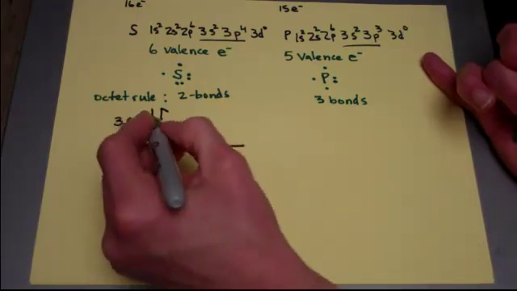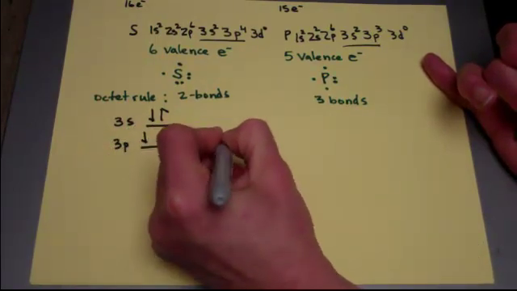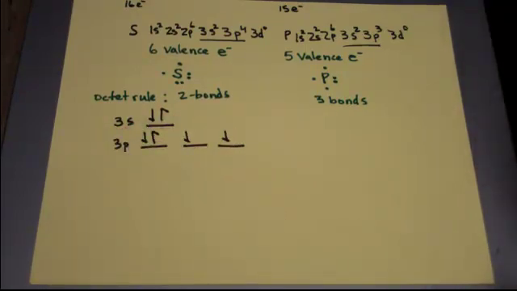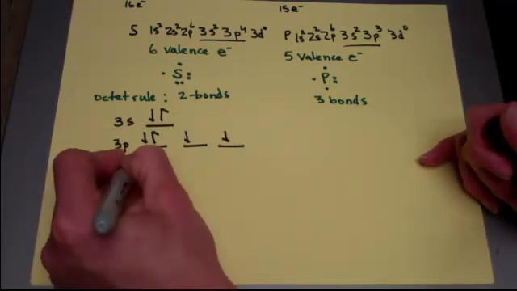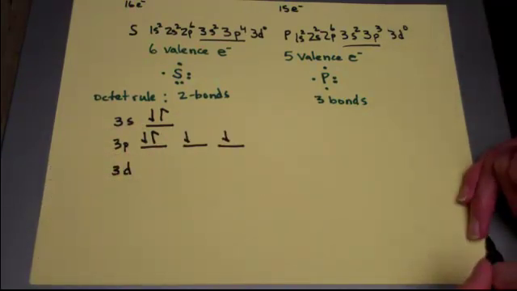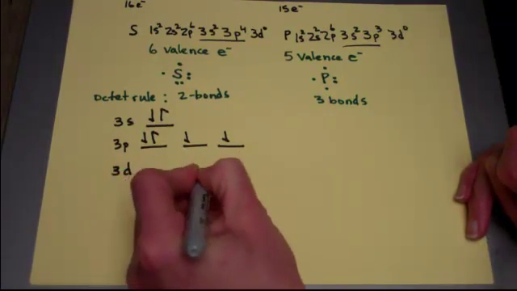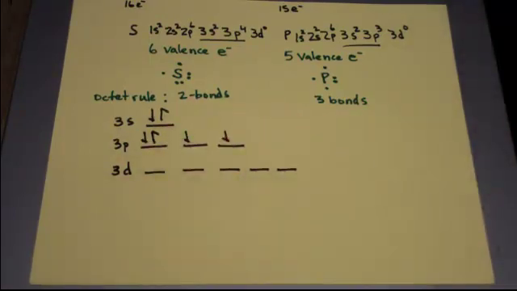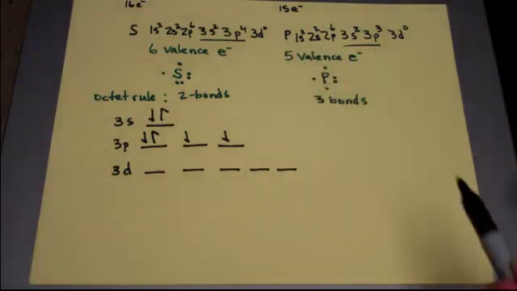They're going to be separate until they have to start pairing, so we've got 1, 2, 3 electrons, and the 4th electron has to pair right there. Now, the d orbitals are present. How many d orbitals are there? Hopefully you said 5. Normally they sit empty. That would be the outer shell for sulfur.